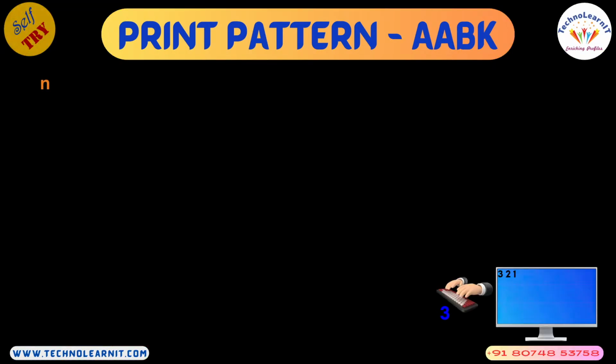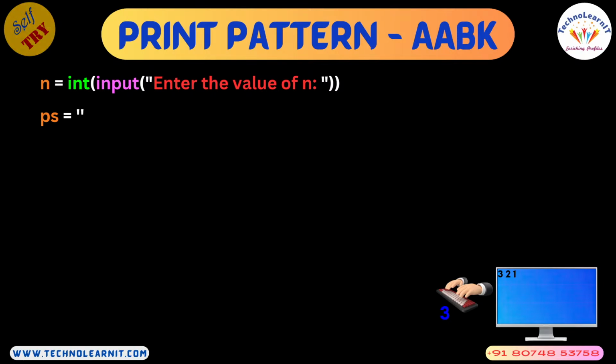All right. So, read the input as integer. Start with an empty print string. Use the range function. Look at how we have constructed this range function. When input is 3, you need to start your output with 3. Hence, your range start value is n, and n is already an integer because you typecast it in line number 1.